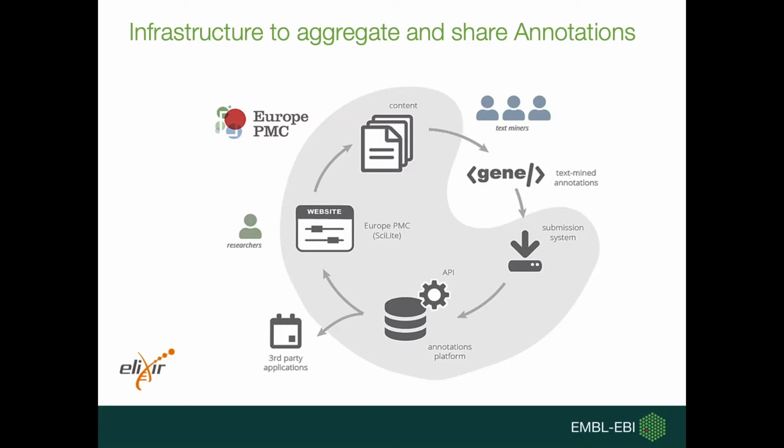The annotations are on all abstracts and open access full text articles. And the latest component of this infrastructure is the annotation submission system, which is an easy way to submit text-mined and curated annotations to Europe PMC.